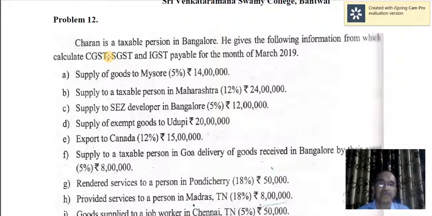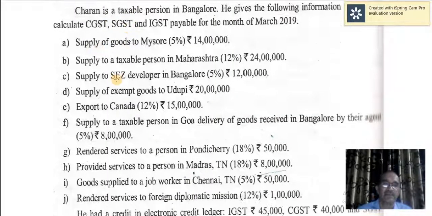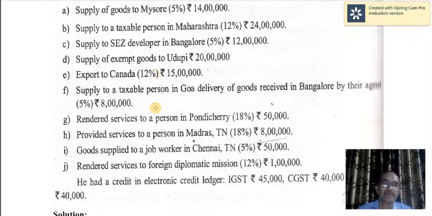Supply of exempt goods to Udupi. Okay, the goods are exempt from tax. Export to Canada. So export of goods, and that is exempt from tax. That is zero rated, I mean. Supply to a taxable person in Goa.